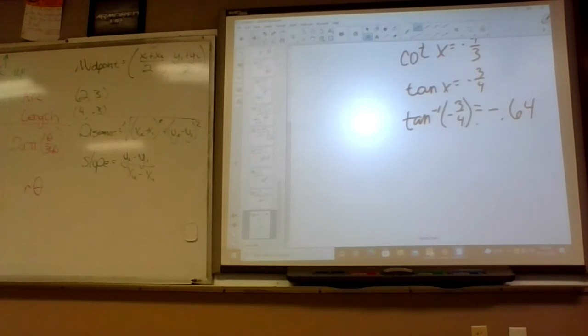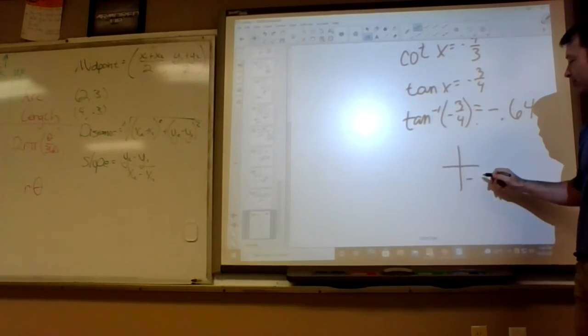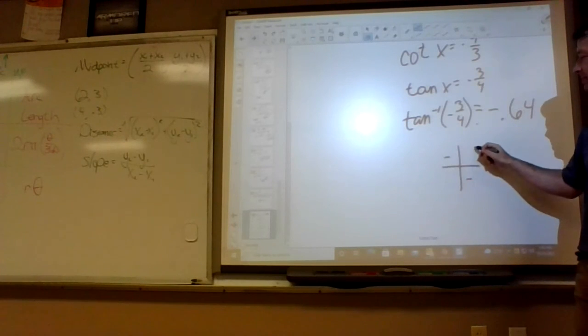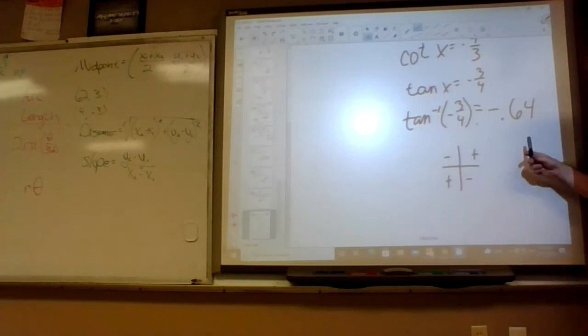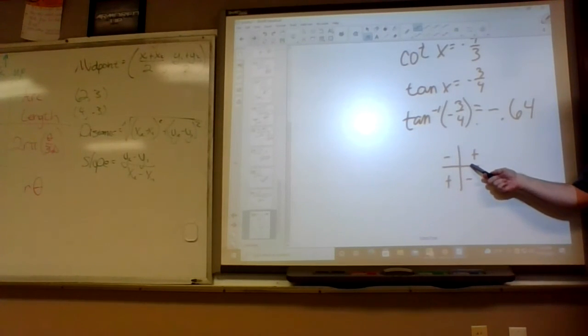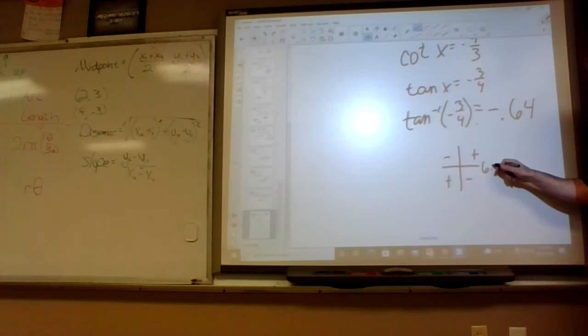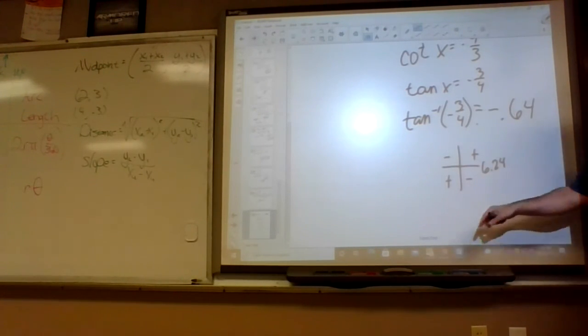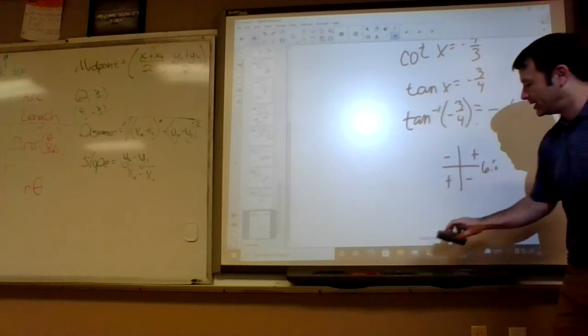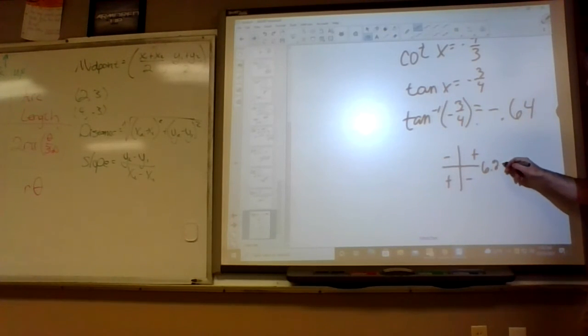Okay, that's right, because I know tangent is negative in the 4th quadrant, and that's the 4th quadrant. We can't use 0.64 because it's not between 0 and 6.28, so we need to do 6.28 minus 0.64, which is 5.64.